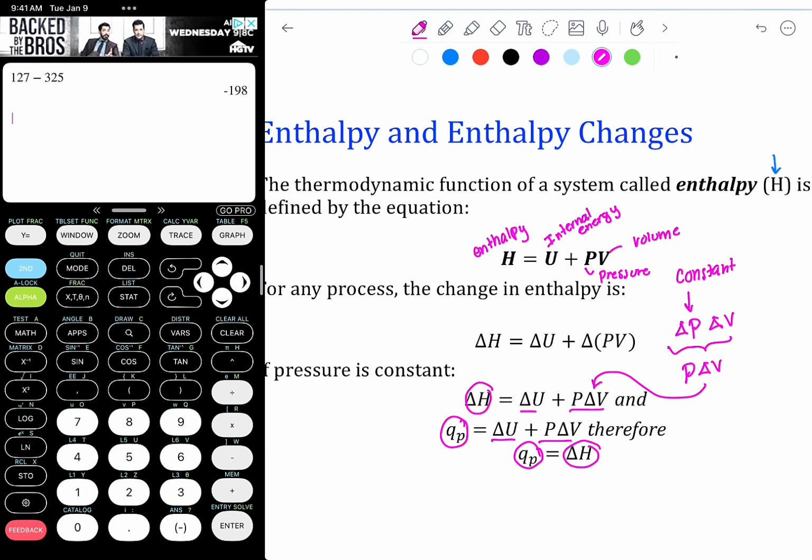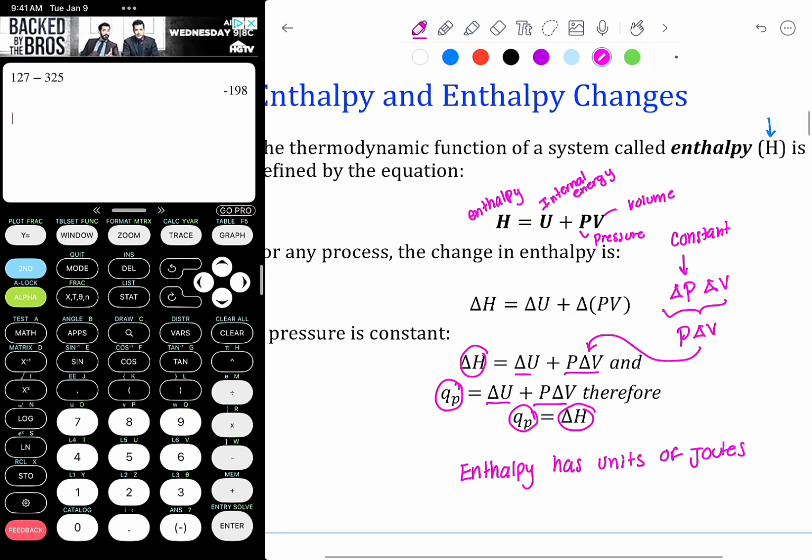This also means that enthalpy has units of joules. Specifically, we're going to see enthalpy with units of kilojoules, which we'll discuss as we move forward.